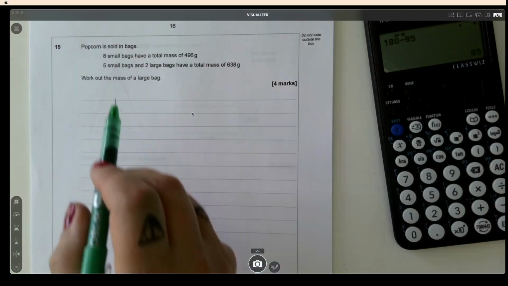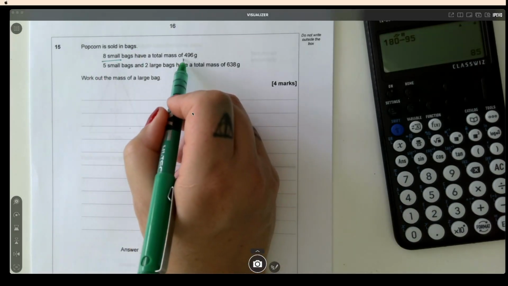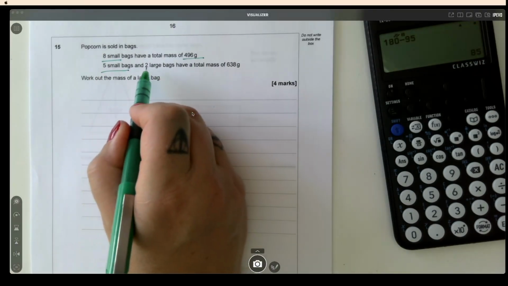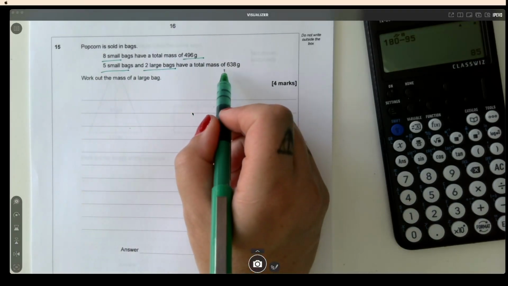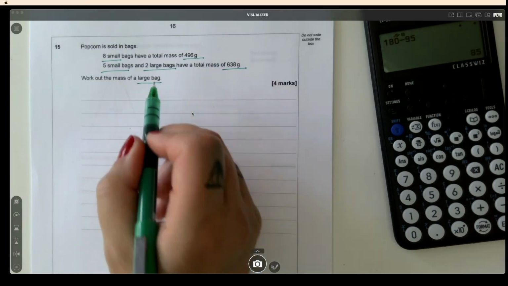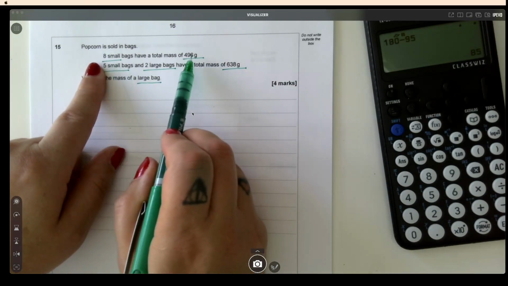Question 15. Popcorn is sold in bags. 8 small bags have a total mass of 496 grams. 5 small bags and 2 large bags have a total mass of 638 grams. Work out the mass of a large bag. Okay, so I've been given some information about small bags.